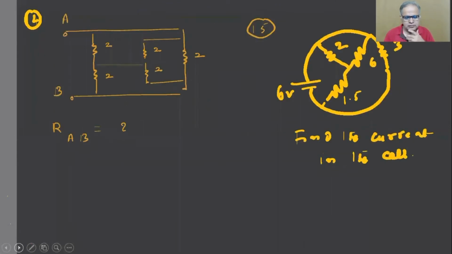Now, simple things like this, I expect you to do these things. If it's not clear, I'm showing it again. Come on. Connection here. RAB equals how much?